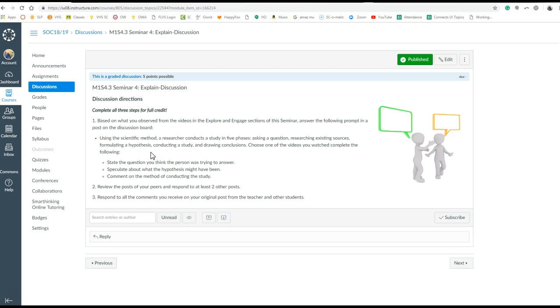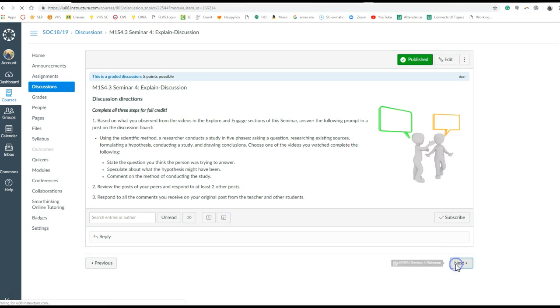And again, these are intended to be ongoing discussions. I don't want you to just post all 5 or all 3 at one sitting. I want you to post your initial and then come back the next day and see what other people have written. If you are the first one, obviously I don't expect you to reply to your classmates because they haven't done so yet. But I do have a couple students right now with A's that are posting early, so good on them.